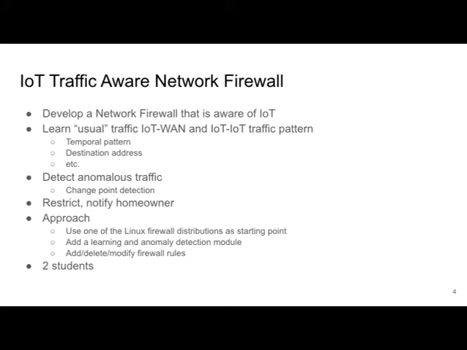But normally network firewalls are considered based upon these kind of ingress and egress rules only. But firewalls or home gateways are uniquely situated to also detect various kinds of things.